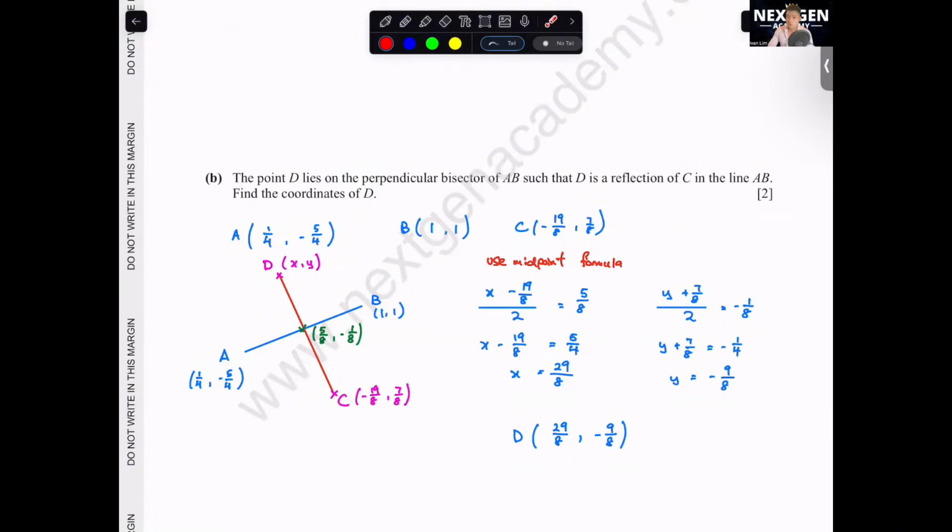If you don't show the coordinates together, you may lose a mark. It's not very clear, it depends on the marker. In the mark scheme, all it writes is a bracket with these two values, either in terms of decimals or fractions. So whenever they ask you for coordinates or points, I always make it a point to write it in point form, coordinate form.